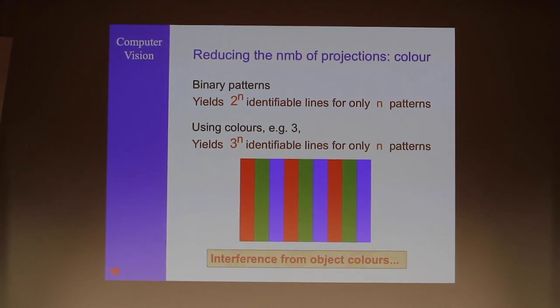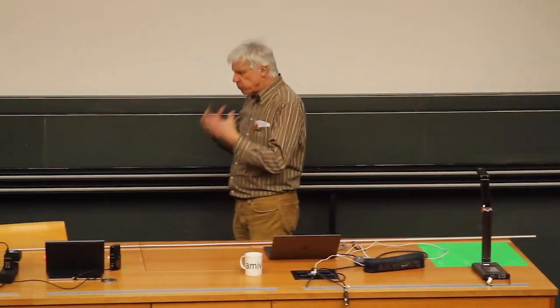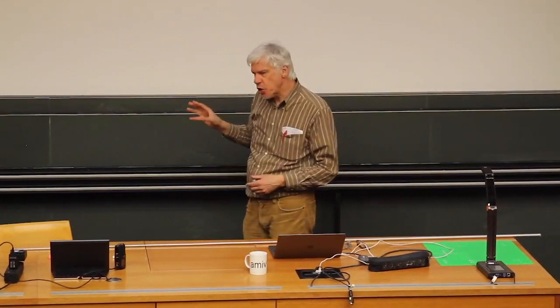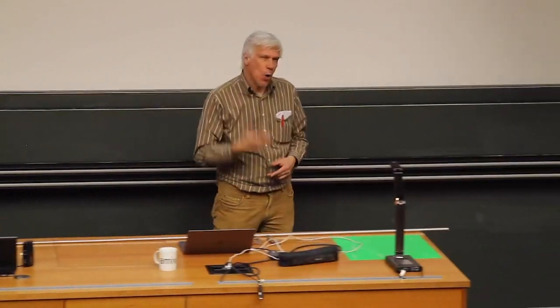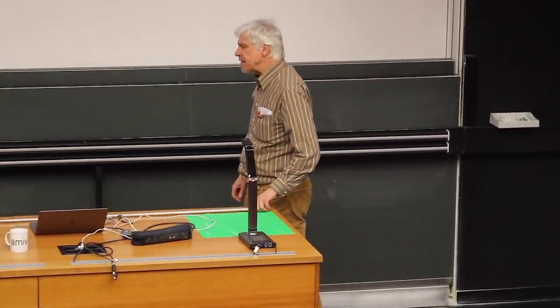Now the problem is, this is all nice in principle, but there will be sometimes very strongly colored objects in the scene, and then there may be interference of the colors of the object in the scene with the encoding. So that's why in practice people have not been using this too often.